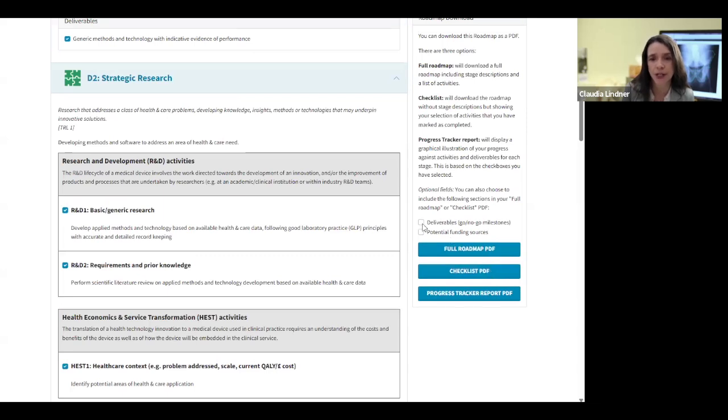For both of these, you can choose whether you want to include the deliverables and the funding sources, or whether you might just want to focus on the strands and the activities. The checklist PDF is a PDF document that includes the tick boxes that you've chosen. So it lists all the activities, and exactly the tick boxes that you've chosen on the left will appear in the document. The full roadmap PDF is an opportunity for you to just export the whole information that is in a particular roadmap.